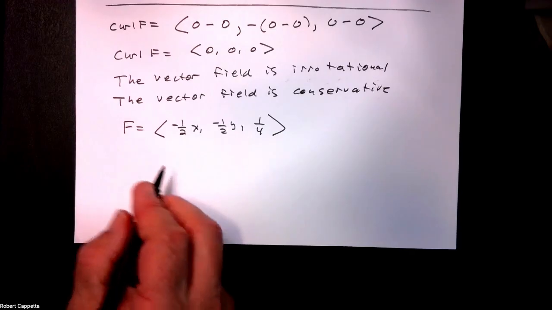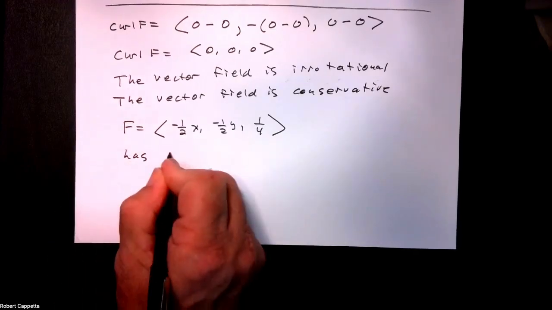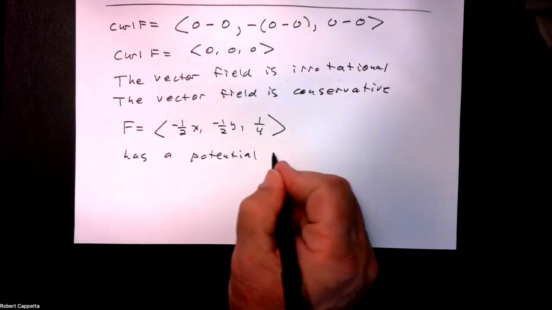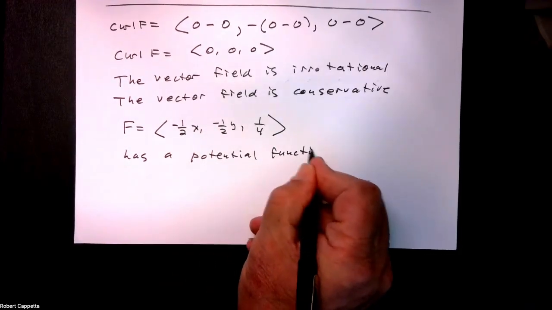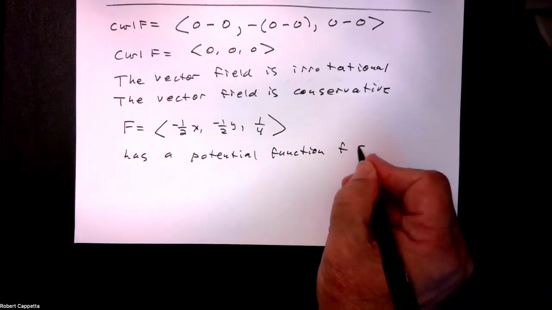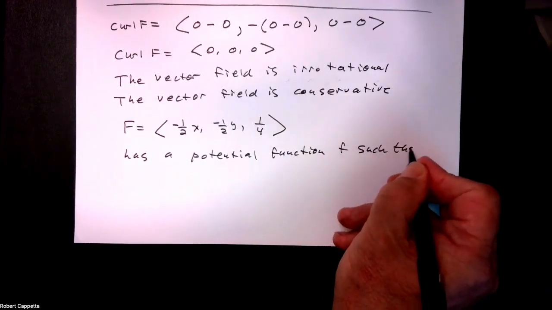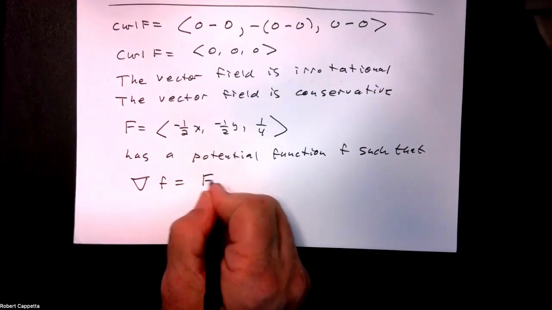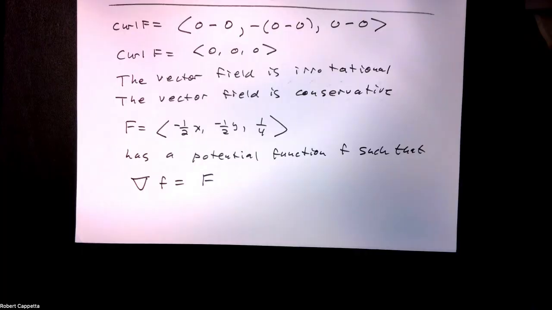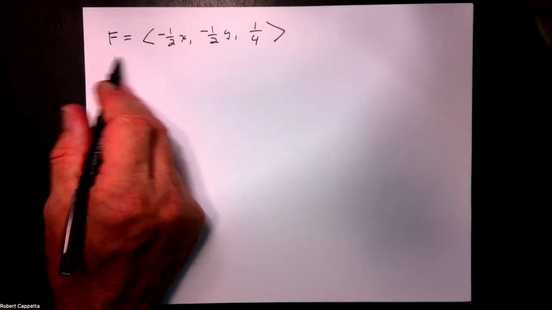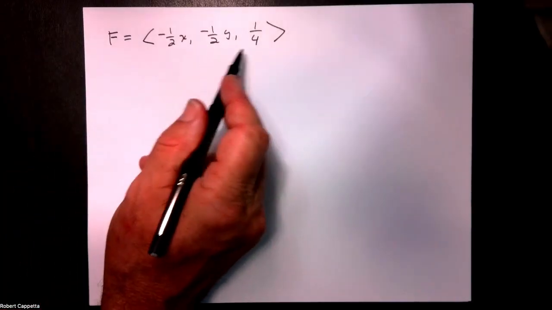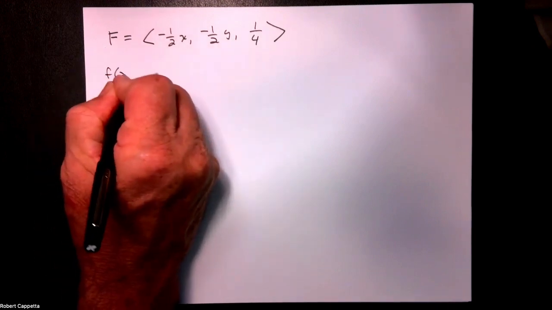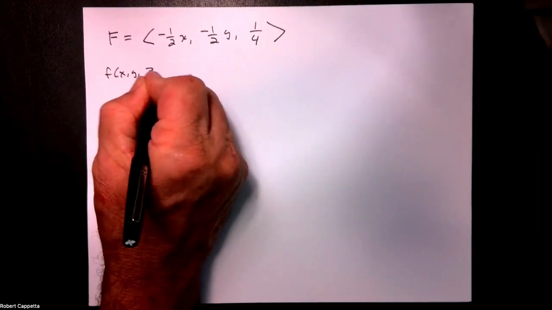That means this vector field has a potential function such that what? Such that the gradient of that potential function little f equals that vector field big F. Let's find it. So our vector field is negative 1/2 x, negative 1/2 y, 1/4. Our function is f of x, y, z.